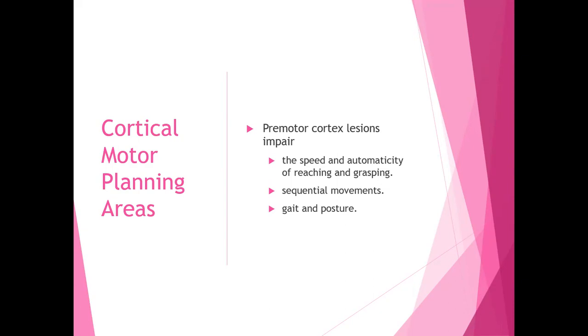So we were doing some things in the clinic where he was standing because gait and posture was also an issue, and sequential movements. We had him standing at the counter and stacking cones, moving things from one place to another, trying to work on reaching and grasping and the sequential movements and the gait and posture, the posture when you're standing.